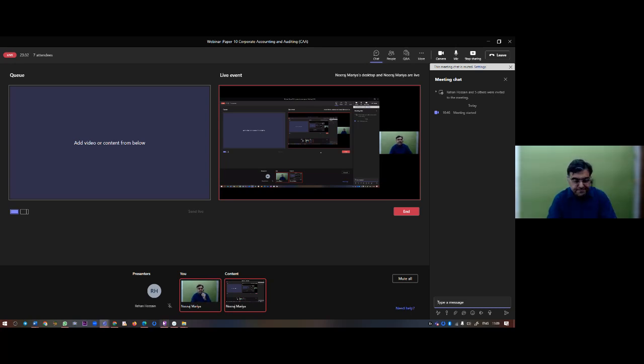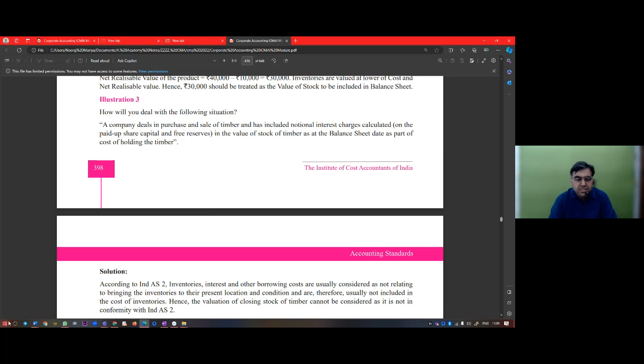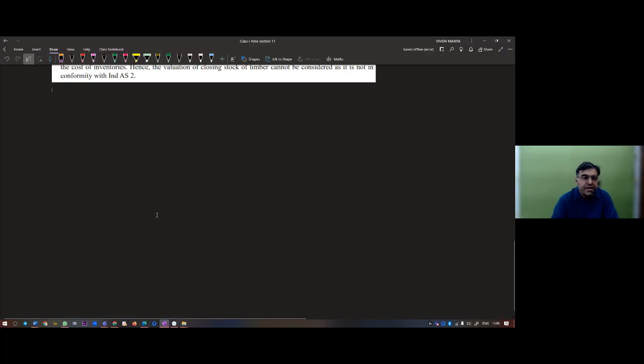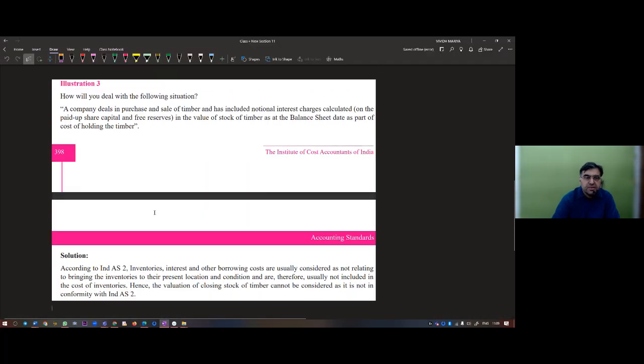Guys, next question, question number 3. See, AS as well as Ind AS say interest is never part of the cost of inventories. That is the reason we have not included the interest in the calculation of cost of inventories, in conformity with AS or Ind AS 2.